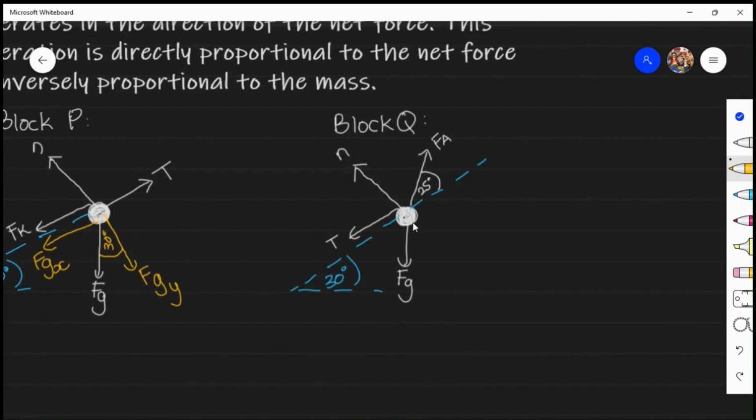So let's start with Fg since we're already familiar with that. We have Fgy going straight down. I'm going to draw Fgx down the incline, and then we have our horizontal component of our applied force. I'm going to call it FAX, and we have a vertical component of our applied force, FAY.